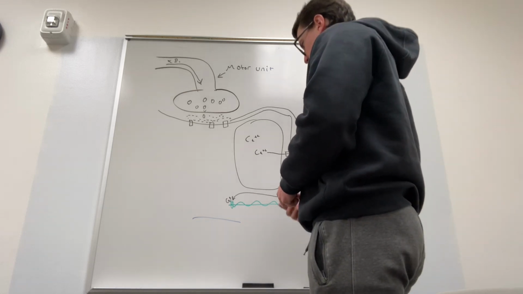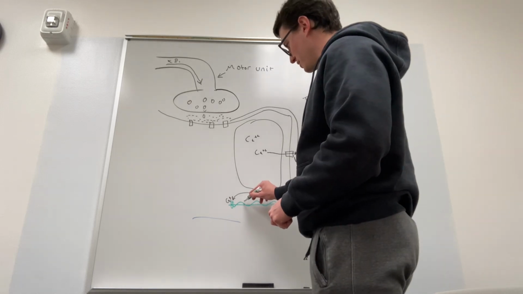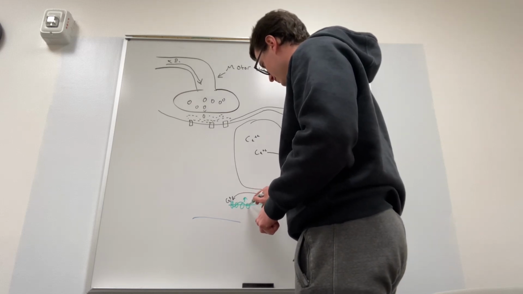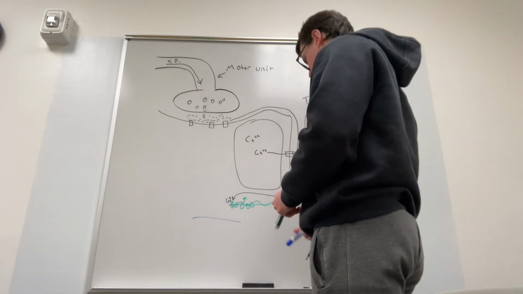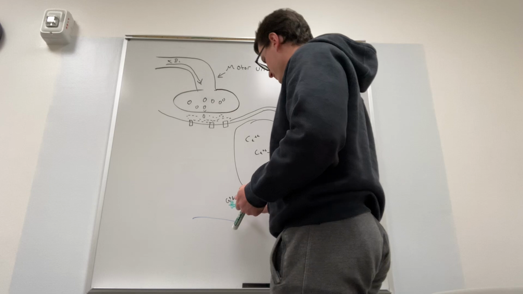That's actually going to move the troponin that runs along the actin filament away from the active sites. So now that we have exposed active sites, we can move towards our power stroke.